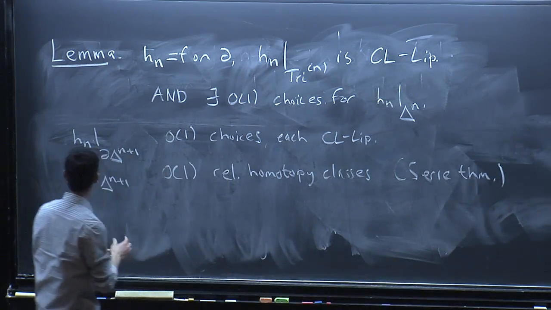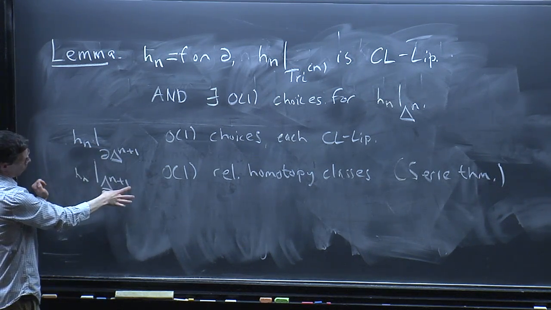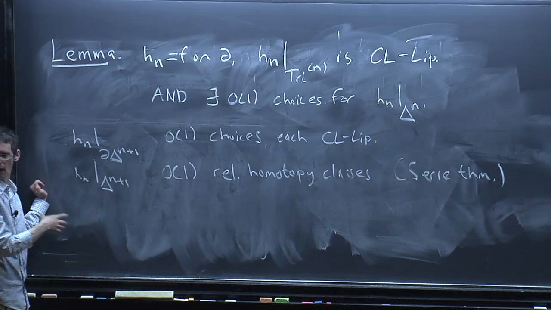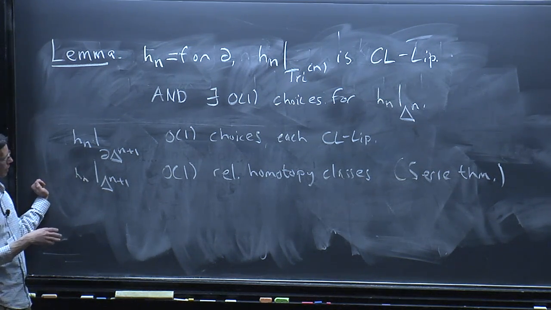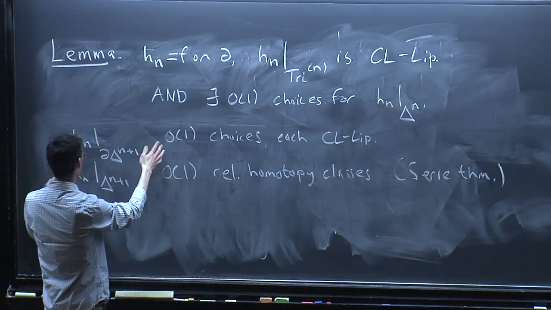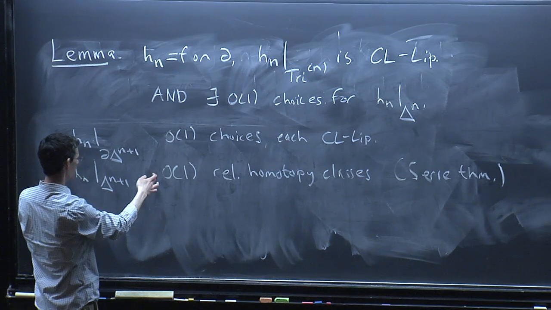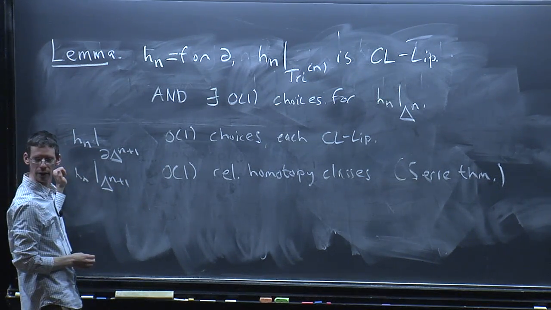So the number of homotopy classes of ways to extend the map from the boundary to the whole n plus 1 simplex is isomorphic to pi n plus 1 of Sn, which is finite. That particular one was known before Serre. So there are only finitely many ways to extend it. And for each option here and each option here, we pick some way to fill in our map on the n plus 1 skeleton.